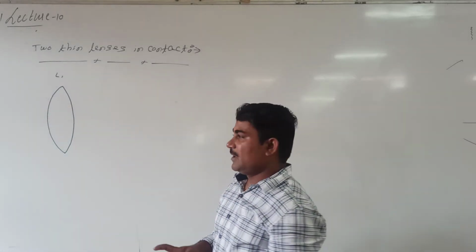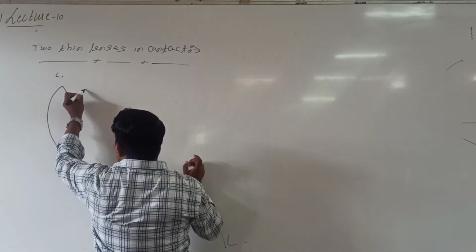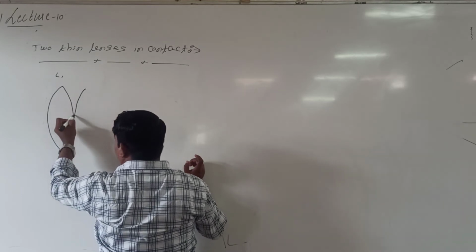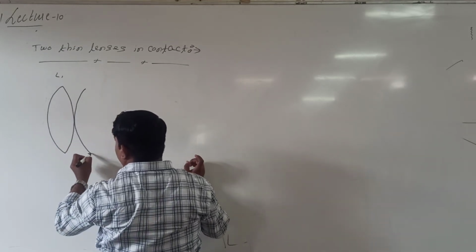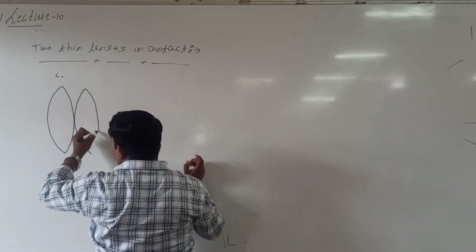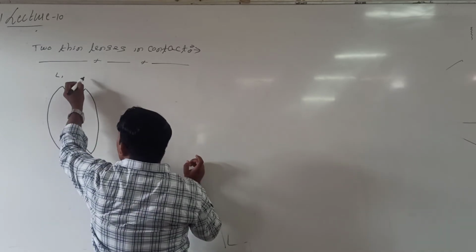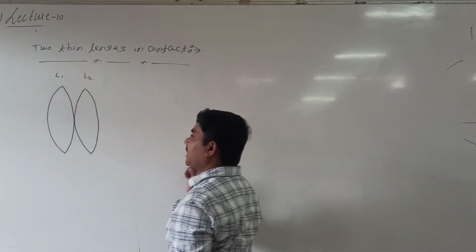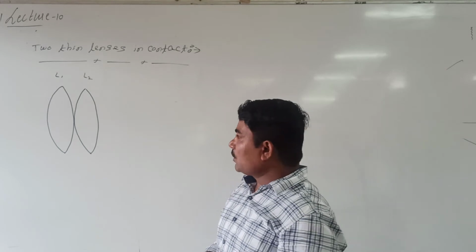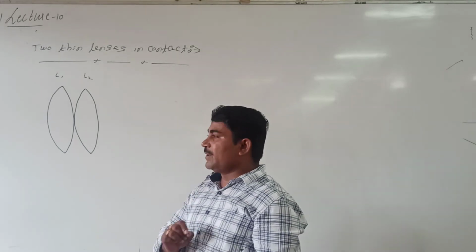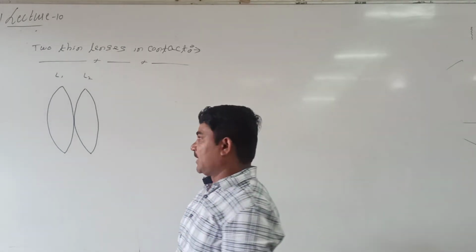Now let us take one more convex lens of different focal length. So it is represented by L2. Both lenses of focal length f1 and f2 have a common principal axis. This is the common principal axis.